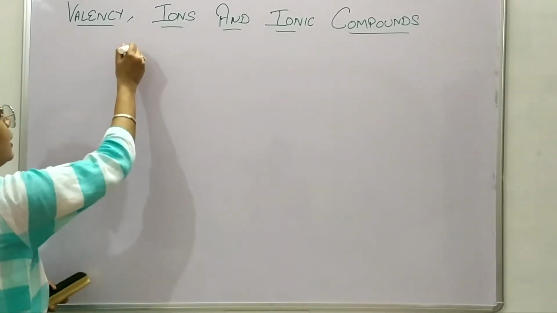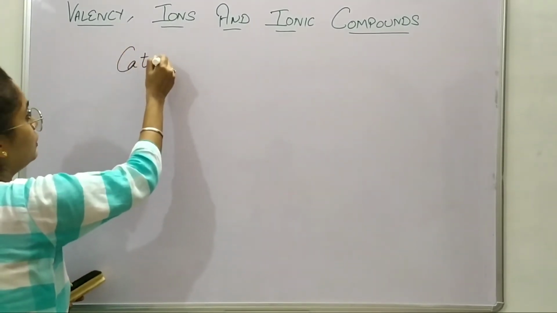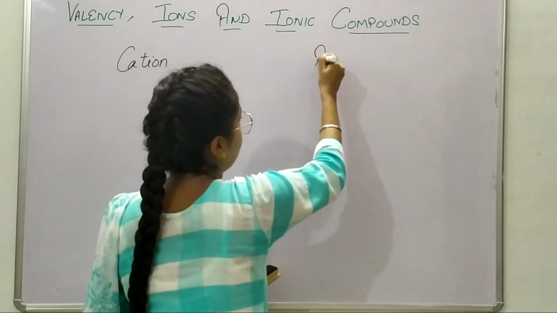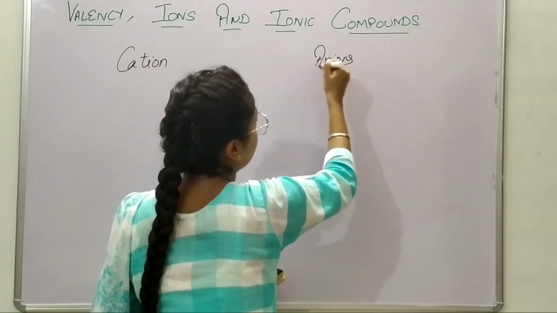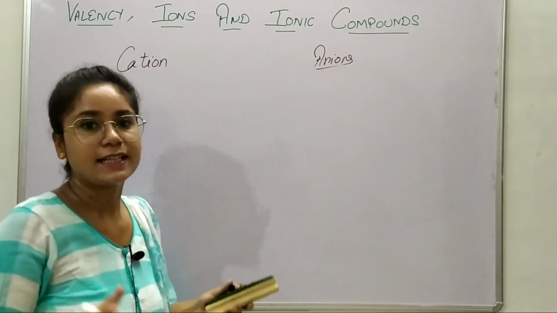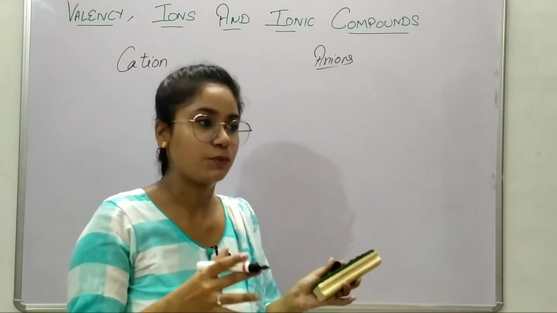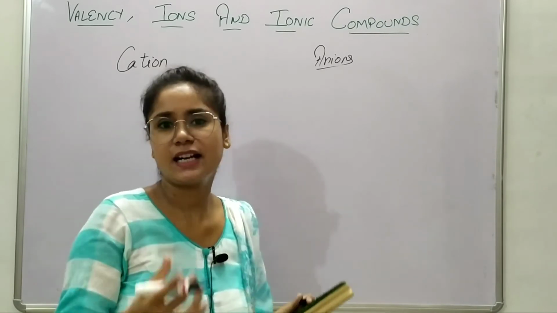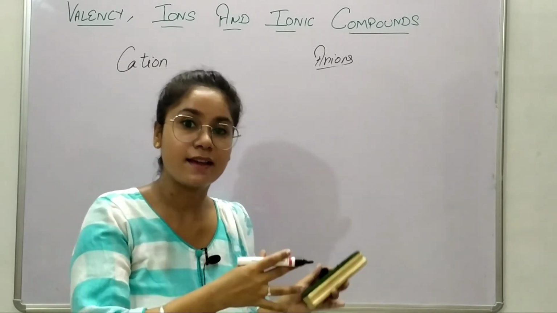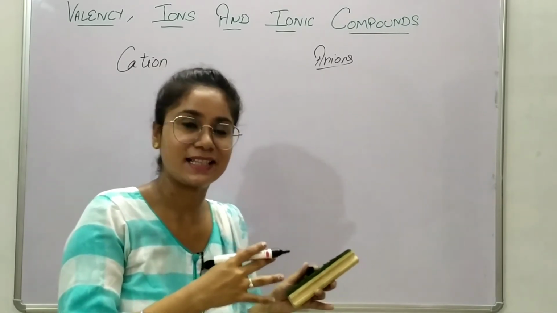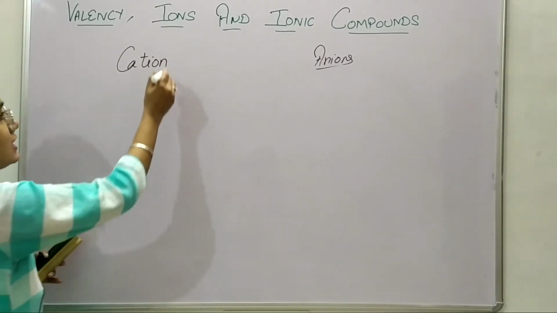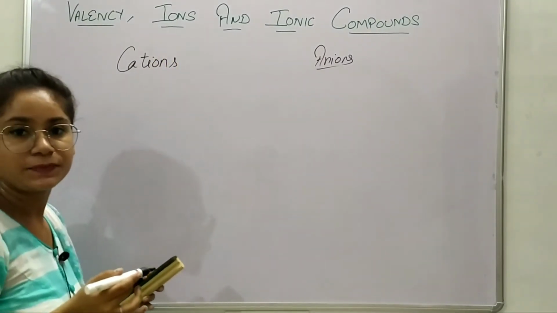Similarly, we have different types of cations and anions. Well, it would be better if you take a look at the table or chart in your book. That would be in the NCERT book or any kind of book if you're studying about the ions, ionic compounds and valency.